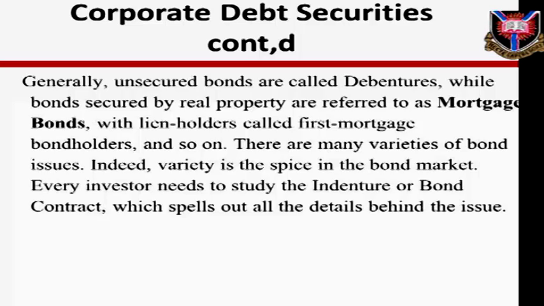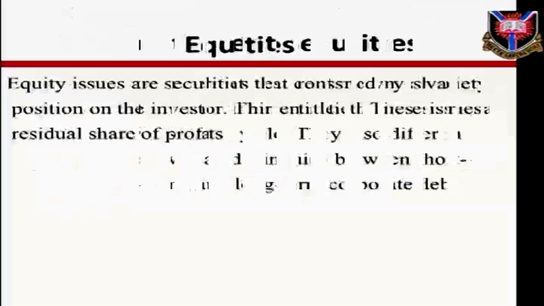There are many varieties of bond issues. Indeed, variety is the spice in the bond market. Every investor needs to study the indenture or bond contract, which spells out all the details behind the issue.